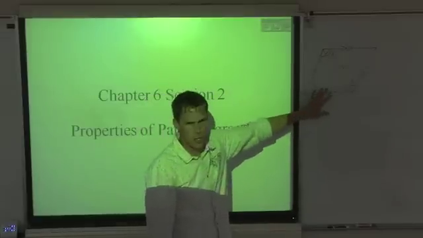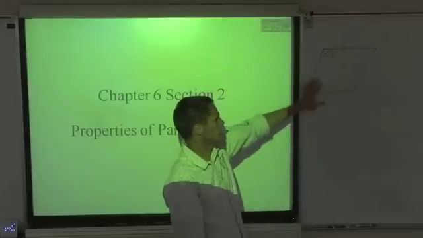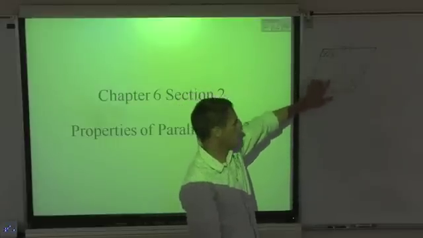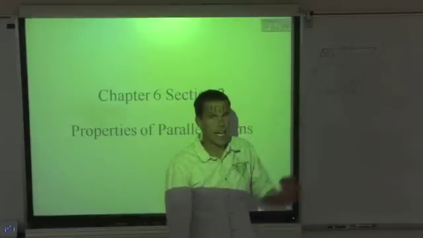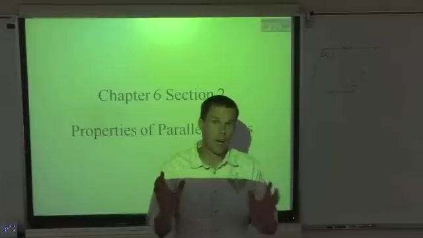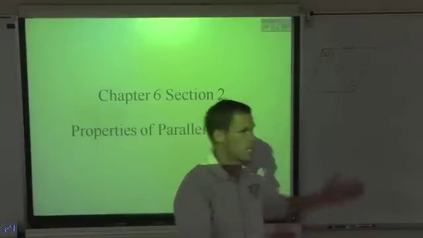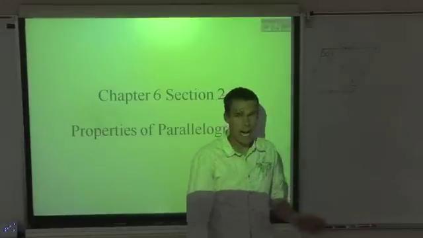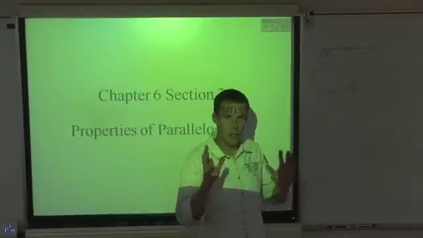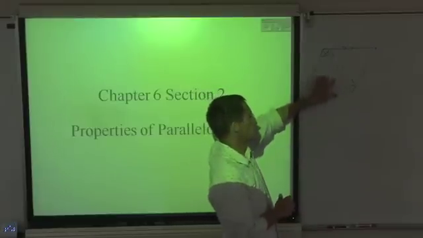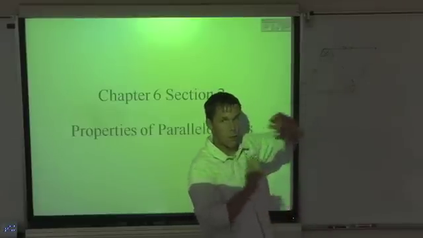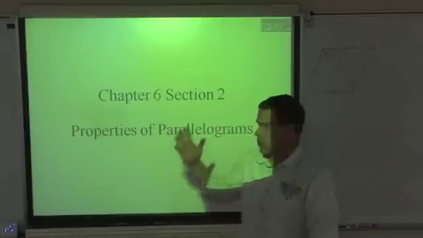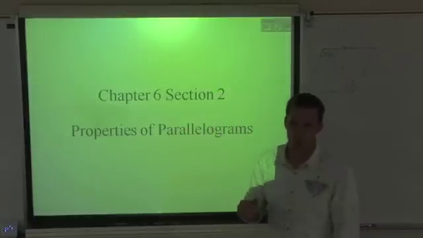From previous material, we have learned that this has two triangles that are congruent by angle side angle. Parallelogram is one of the few quadrilaterals that can be split with a diagonal, and it cuts it into two congruent triangles. Now those triangles are what is going to allow us to produce the properties of parallelograms.